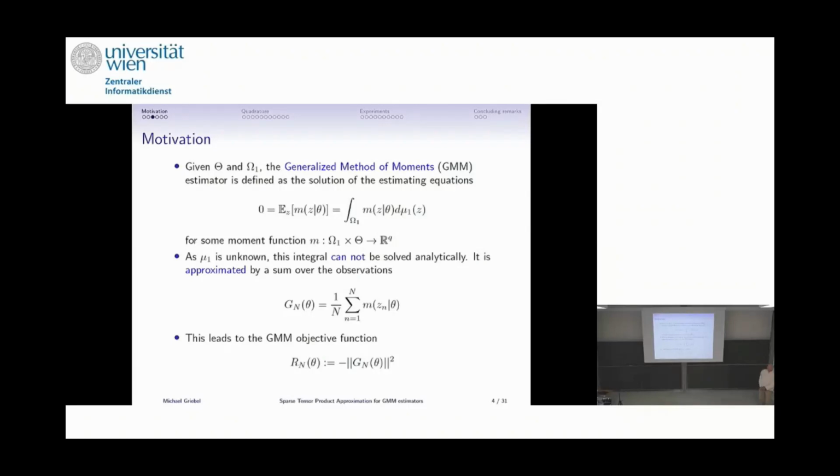And therefore, in practice, and this is where many of the applications do start in the first place, this integral is approximated by a sum over the observations. So if you have n observations, you only have this sum here and not this integral. Well, this is the setting.